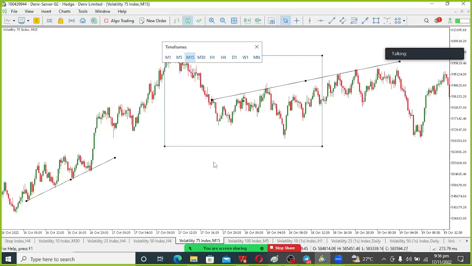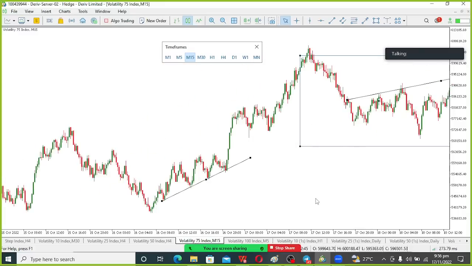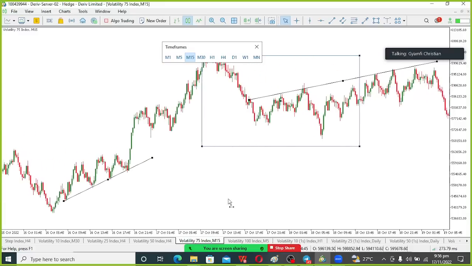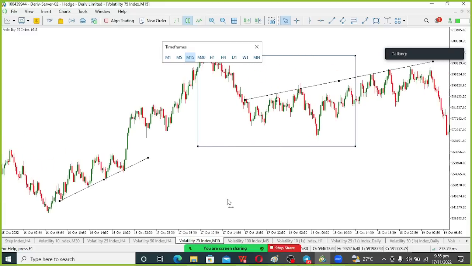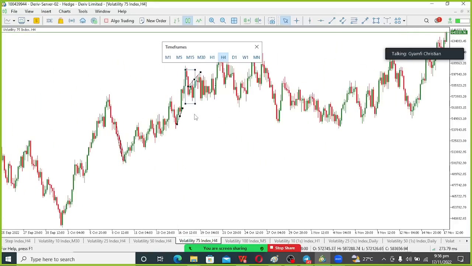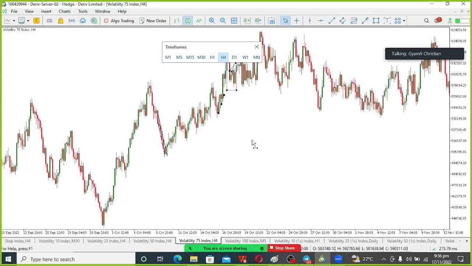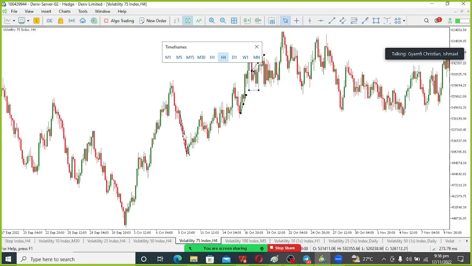Now, no, I'm not sure this is it. This is not the one that we were talking about. So it means that that's not where I marked, right? Okay, yes, this is it. This one, right?